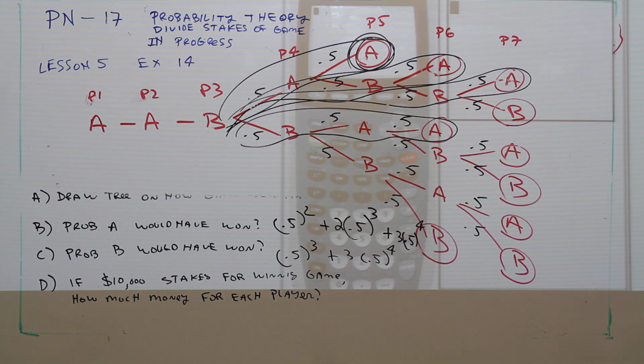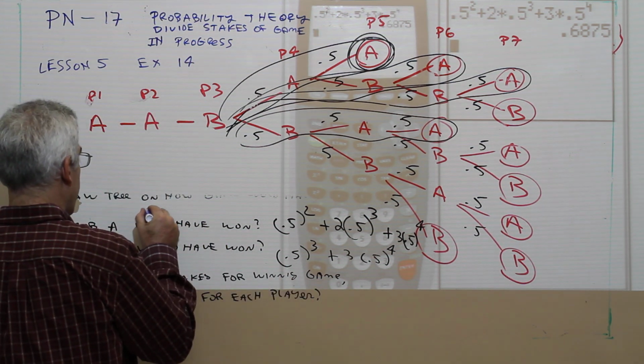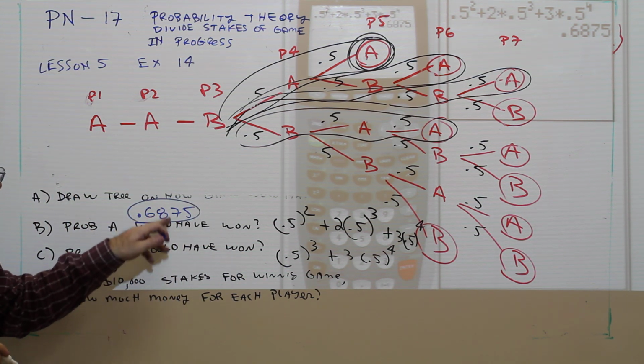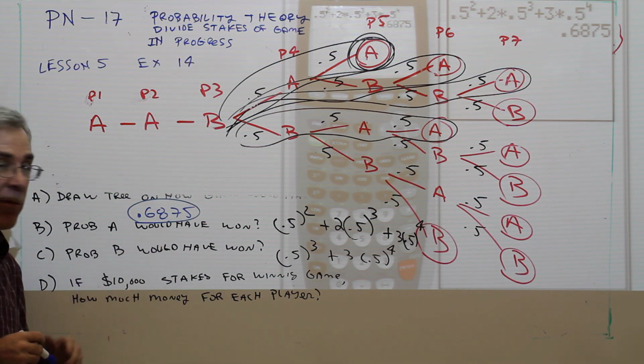For team A first, 0.5 squared plus 2 times 0.5 raised to the third plus 3 times 0.5 raised to the fourth, and they get 0.6875. If all goes according to plan, B's probability should add up with A's probability to be 1.